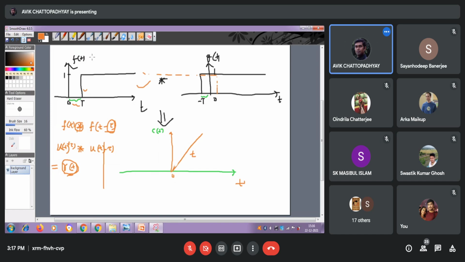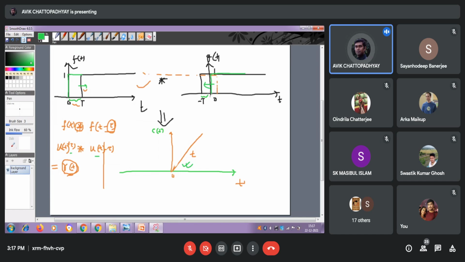That means if we do the convolution between unit steps, where both the signals start from 0 and extend up to plus infinity, we will get exactly the ramp signal. In this case, we have shifted this one to the right hand side, and we have shifted this unit step to the left hand side, but by the same amount.